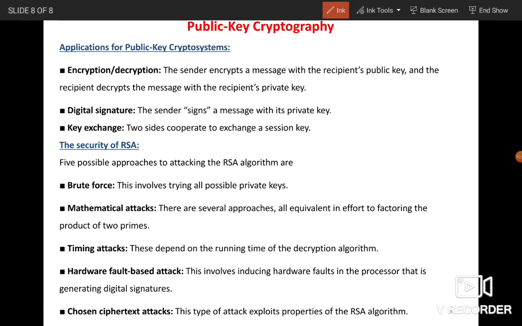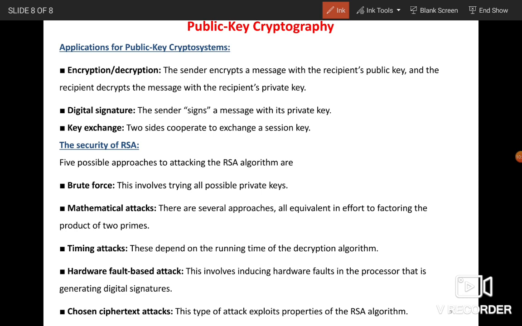So now we are going to see the applications of the public key cryptosystem. As I told, it is mainly used for encryption and decryption, it is used for exchanging the keys, and it can be used for digital signatures also. So we have 5 possible attacks on the RSA algorithm. One is brute force attack, that is trying all the possible private keys.